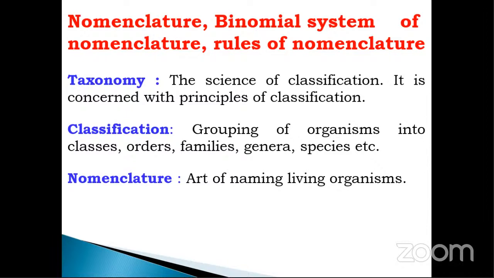Basically, it is concerned with classification, that is the systematic arrangement of organisms into different classes. In simple words, it is the science that deals with identification, nomenclature, and classification.